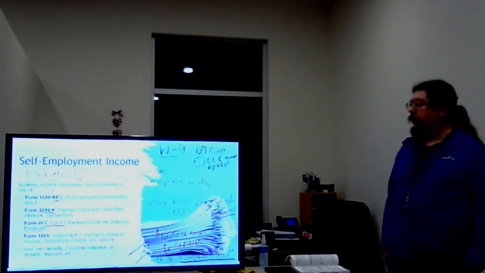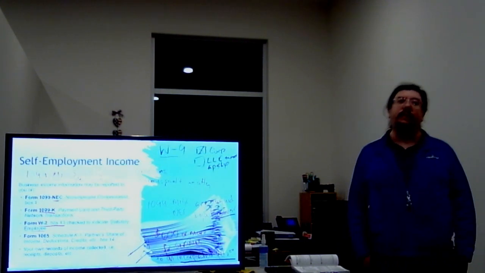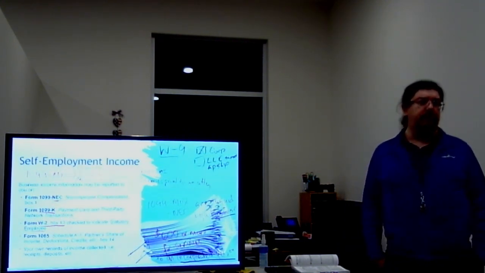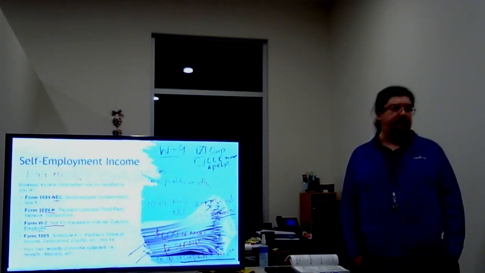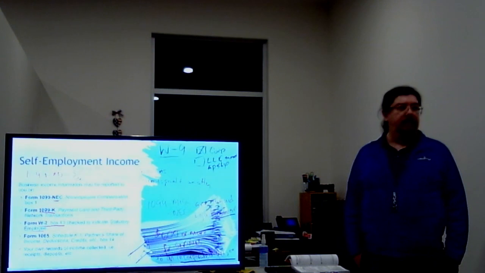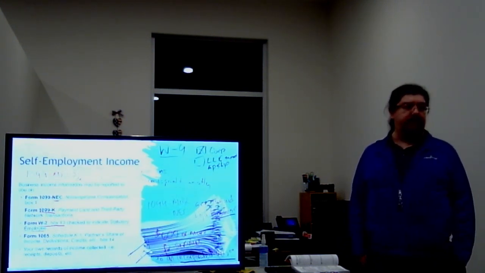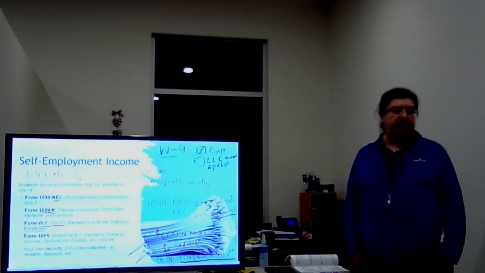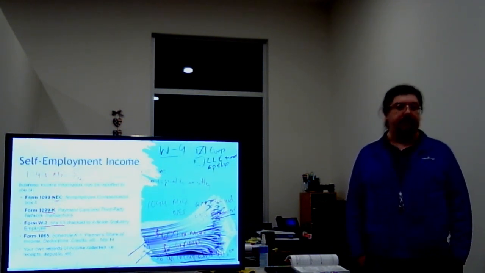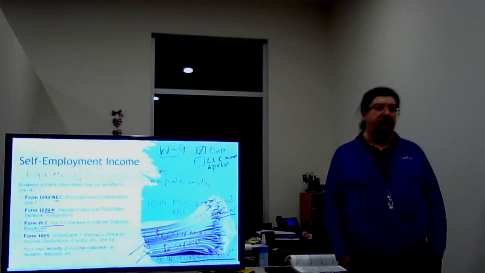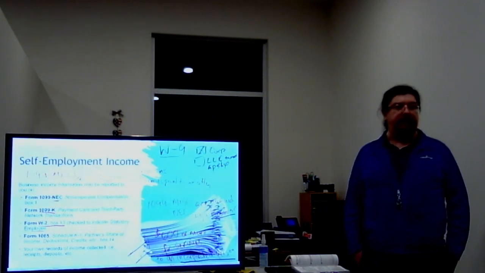It is optional, you are allowed to, and I believe if you issue more than a certain number, and I think it's 100 1099s, then you are required to verify people's W-9 information. So for small companies that only have a few or a couple dozen contractors, you don't have to worry about verifying people's information. But if you're larger and you have more than a few dozen contractors, you have to verify their information.